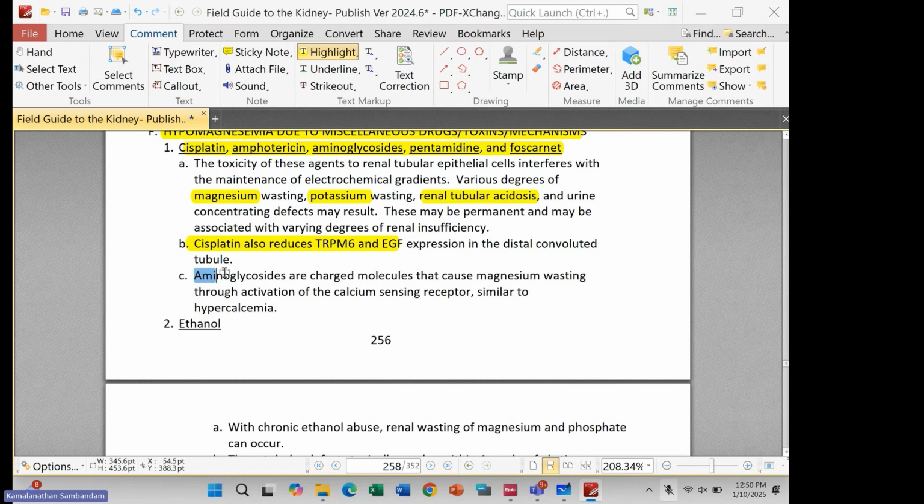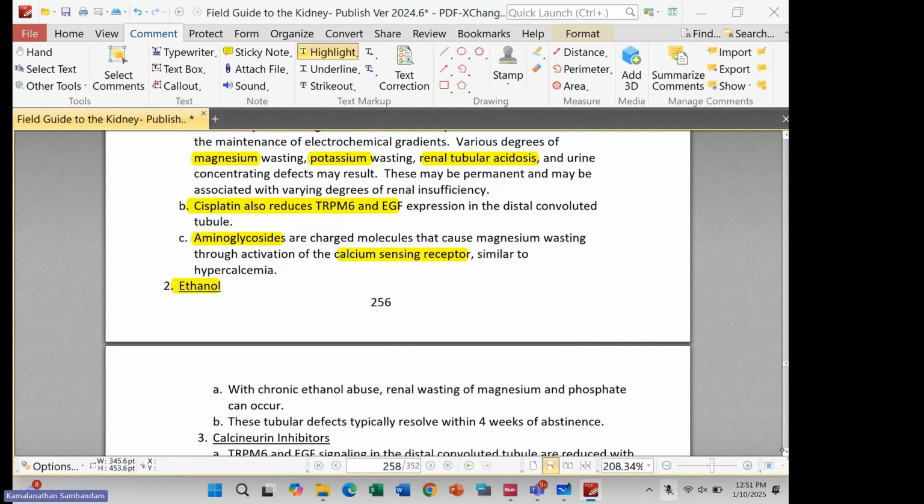Aminoglycosides may have a unique way in which they're causing magnesium wasting, over and above their propensity to cause generalized tubular dysfunction. Aminoglycosides often have divalent charges, and so theoretically, when given at high doses, these can activate the calcium sensing receptor and cause a Bartter's-like syndrome. So that would be K wasting, salt wasting, calcium wasting, and magnesium wasting.